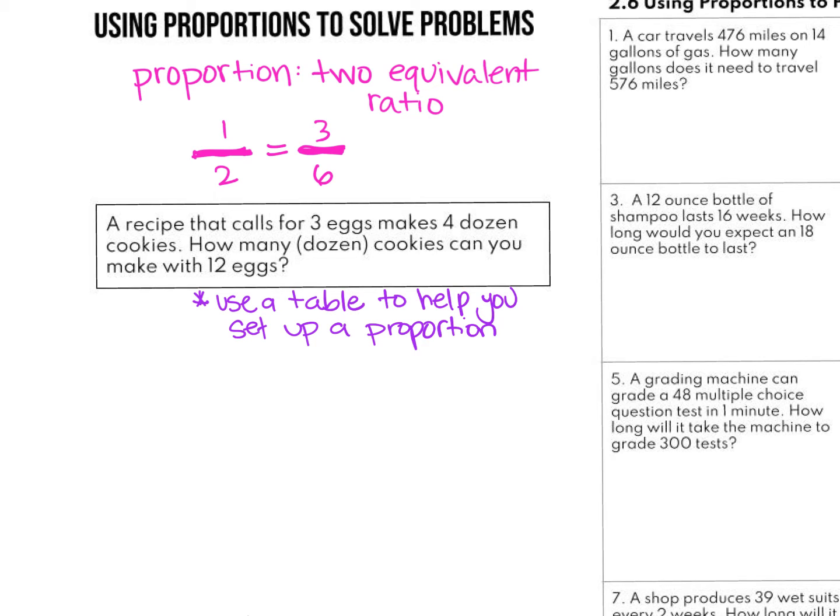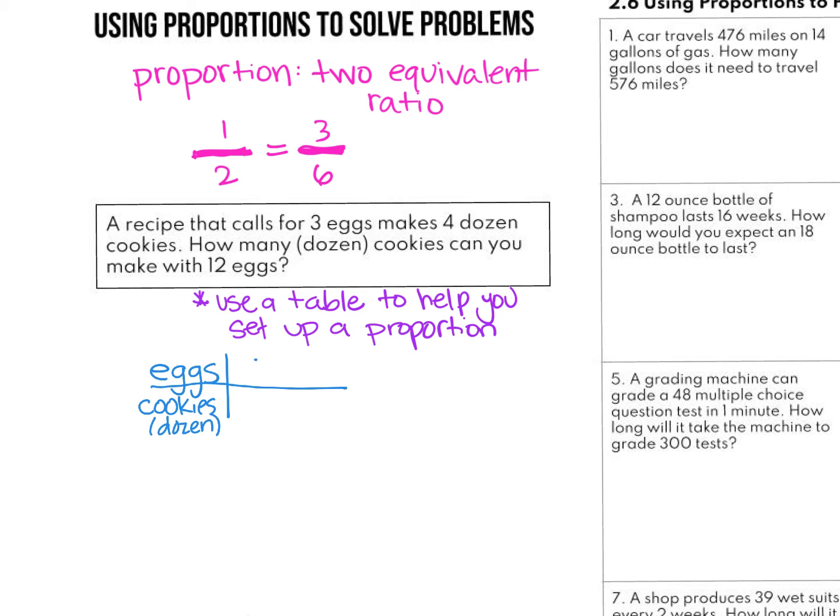So let's start. The very first thing that I'm going to do is figure out what my 2 units are. I'm looking at eggs, but I'm also looking at cookies. So those are the 2 units that I'm going to use to set up my table. We have eggs and we have cookies, and each number represents a dozen of these cookies.